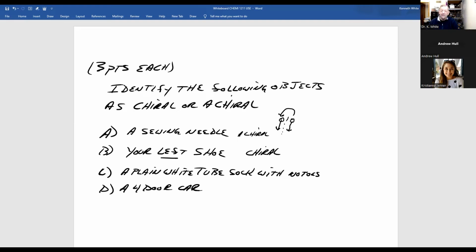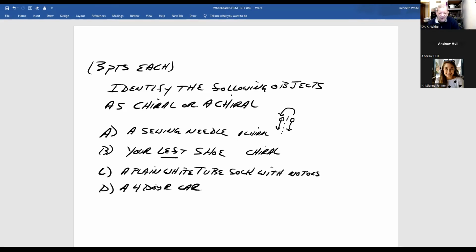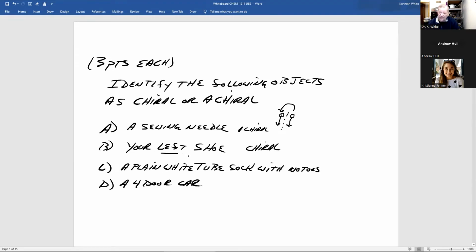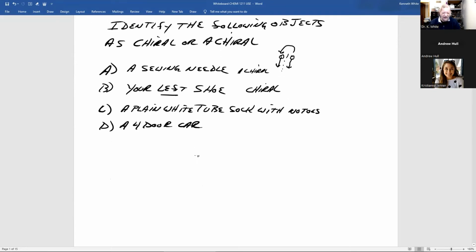Since your feet are chiral, your right and left feet are mirror images and non-superimposable like your hands. You can't wear your left shoe comfortably on your right foot. No, it's chiral. It only fits on your left foot. That's how you know it's chiral.